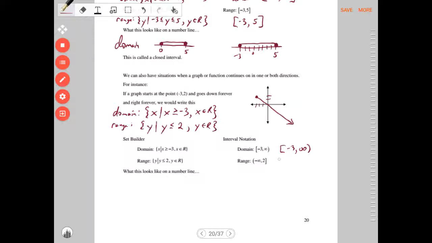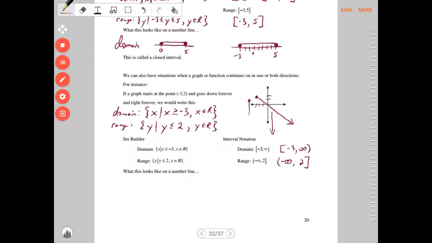And then of course the range is the other way around. The y values go all the way down to negative infinity, but it stops at +2, and we can equal +2, so we have a square bracket.